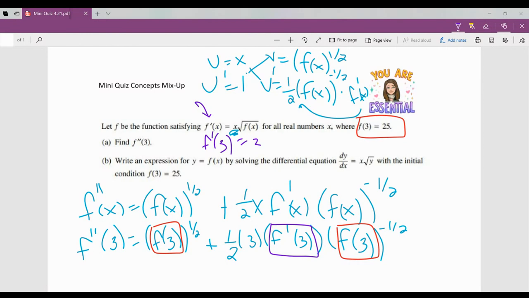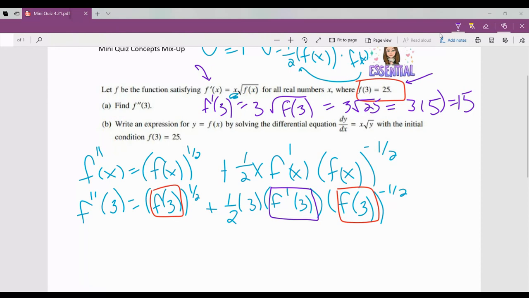So it's going to equal 3 times the square root of f of 3, once again, is there, 25. So it's going to equal 3 times the square root of 25 is 5. 3 times 5 is 15. All right, so I'm going to fill in all my knowns now.